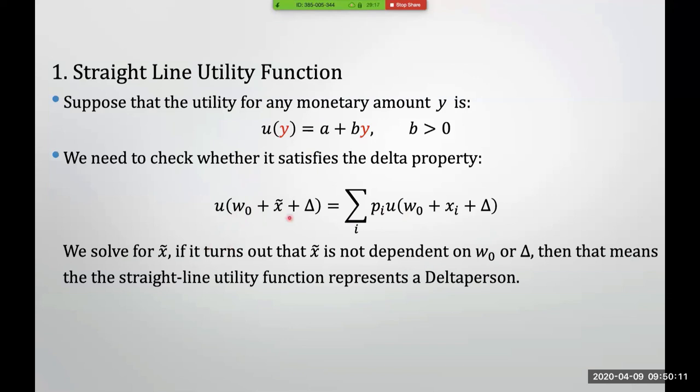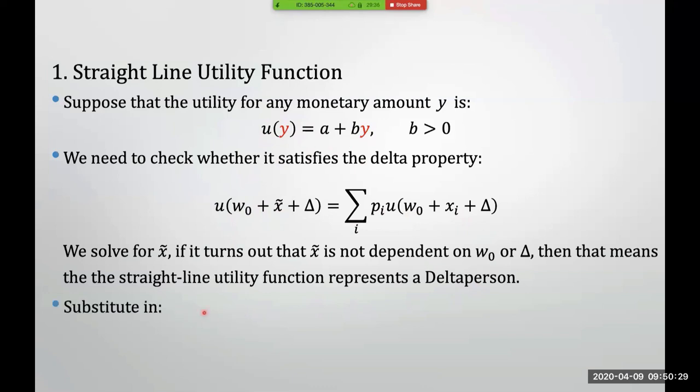After we write this equation by substituting this straight line utility function in here, we'll solve for x tilde. If x tilde is not changing with W0 or delta, we have a delta person.